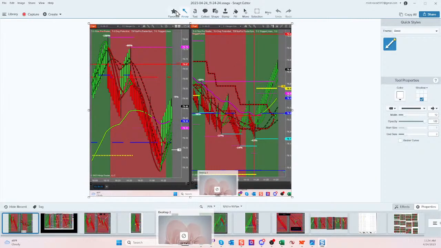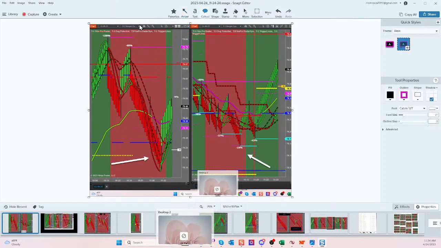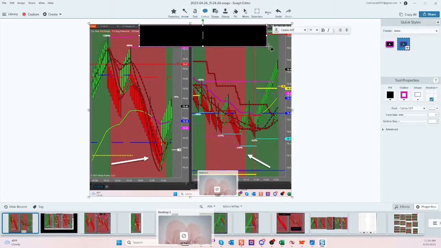Can we put this one in a spreadsheet and annotate it? Three divergences ends the trend at a 50-50 on the 13.2.